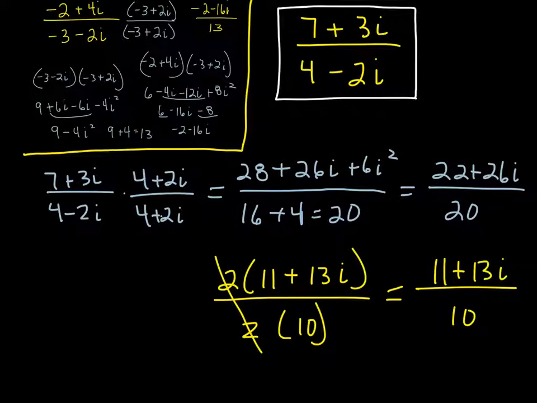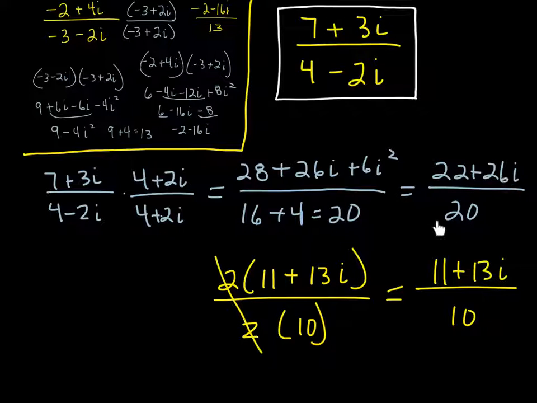Okay, so working this one very quickly, the conjugate is 4 plus 2i. We're going to multiply both the numerator and the denominator by it. When you multiply those out, you end up getting for the numerator 22 plus 26i, and the denominator is 20.